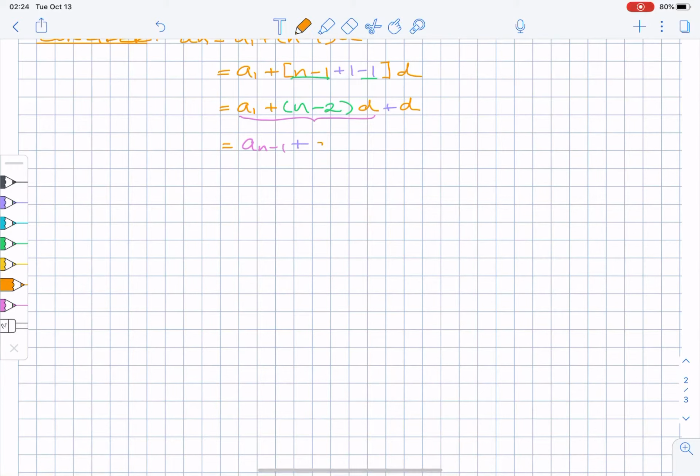So this would be the recursive definition. So theorem.